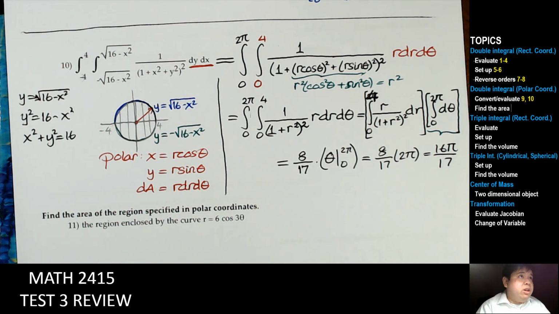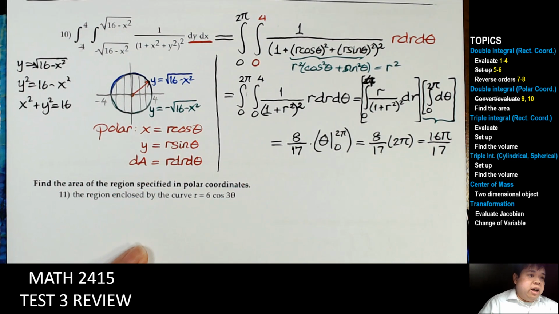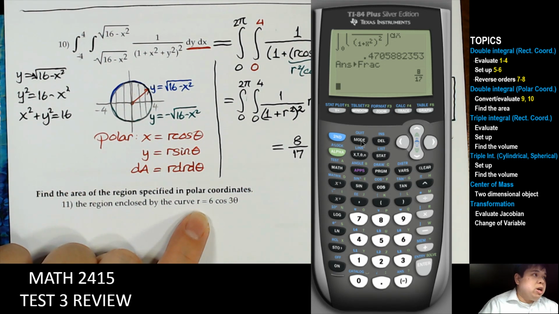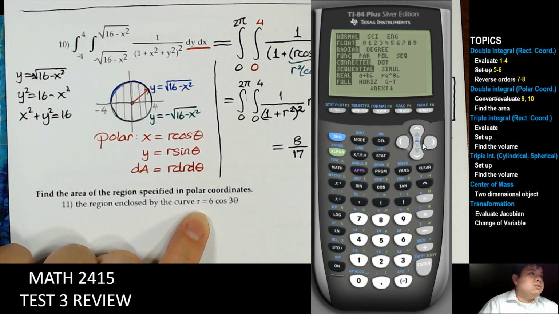Right. Now we find the area. Let's just graph this. Again, I'm using the calculator here. So this is in polar, so make sure the mode is correct. It should be in polar, and in gradient mode. Right. So that's correct.